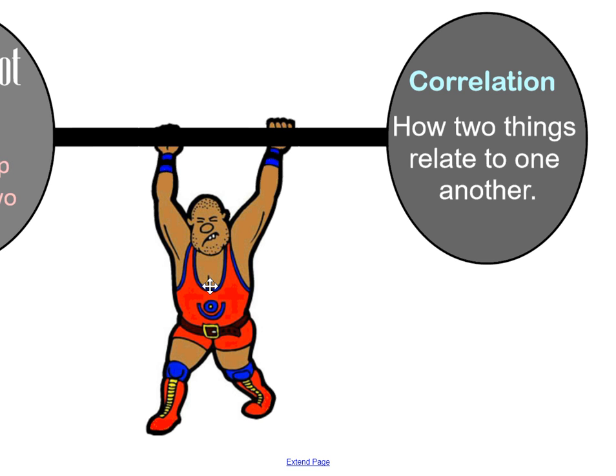A good example of this is shoe size. You are not guaranteed to have a shoe size based on your height, but on average, the shorter you are, the smaller your shoe size is going to be. The taller that you are, the bigger your shoe size will be. It is not set in stone, but it does have a pattern in general to it.